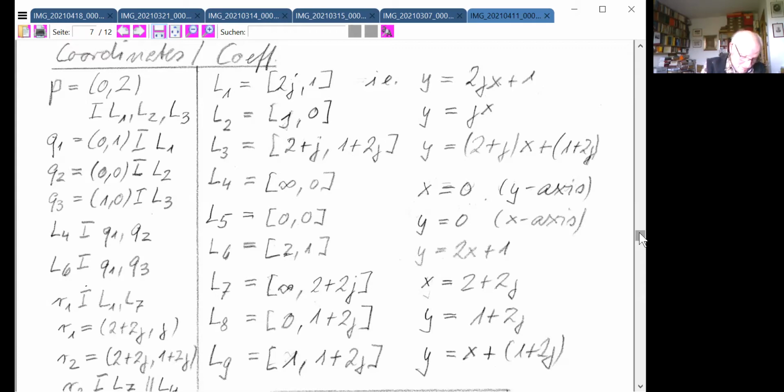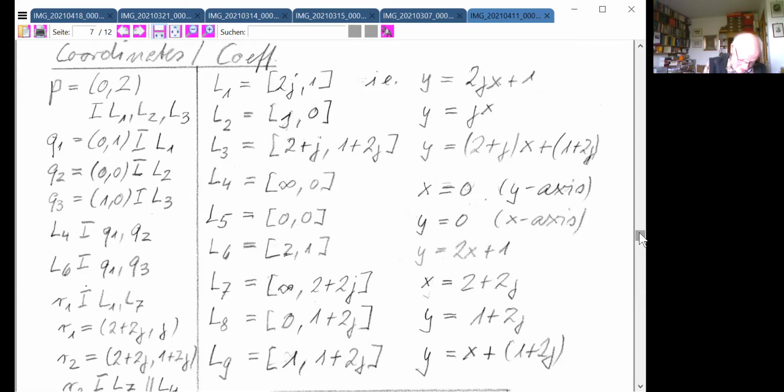And the point is now that this L9 should be parallel to L6. And I give you a list of what we know on L5, L6, L7.